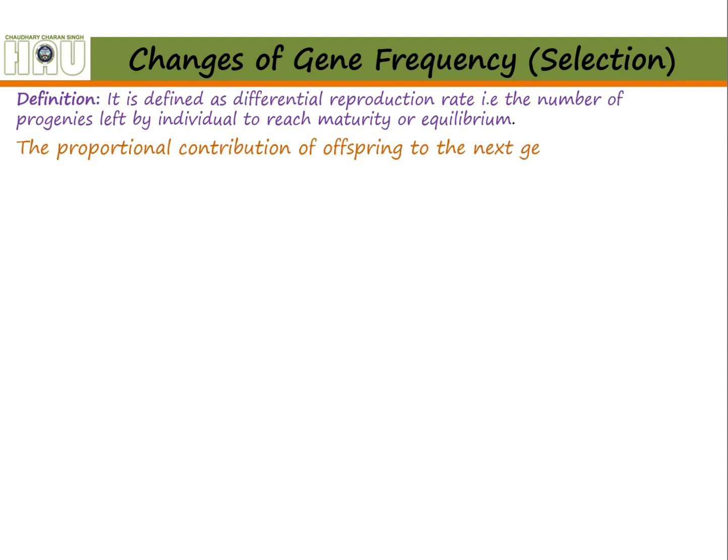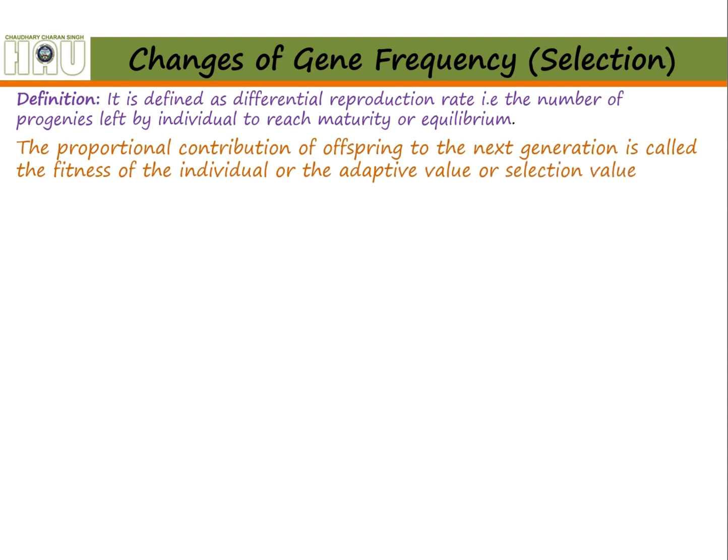Now, the proportional contribution of offspring to the next generation is called the fitness of the individual, or it is also called adaptive value, and you may also call it selection value. So these are very important when we study selection.